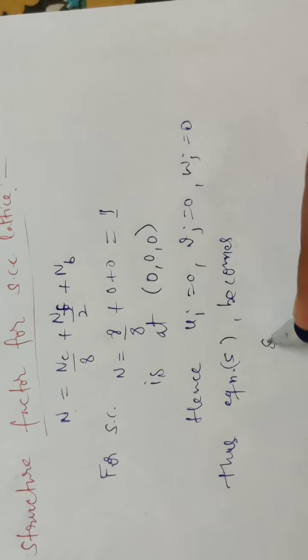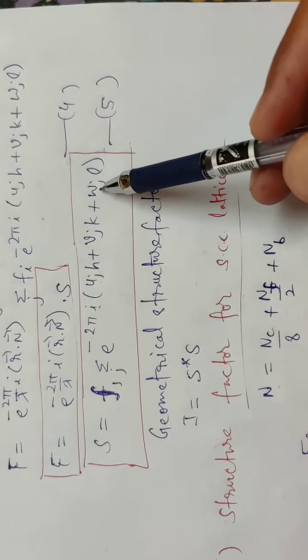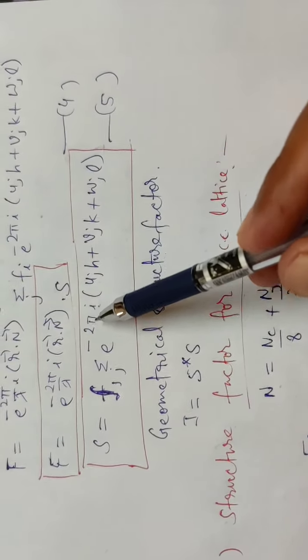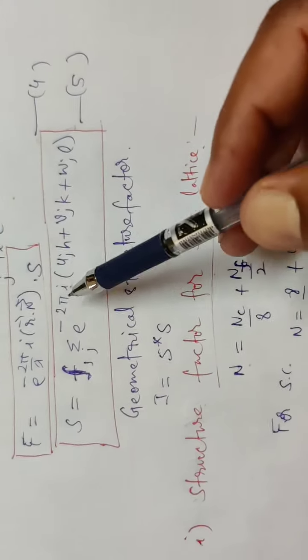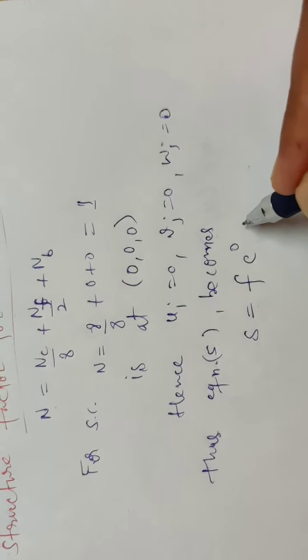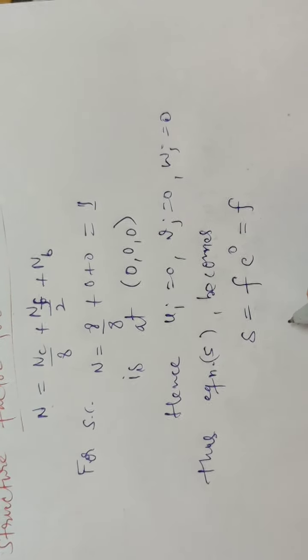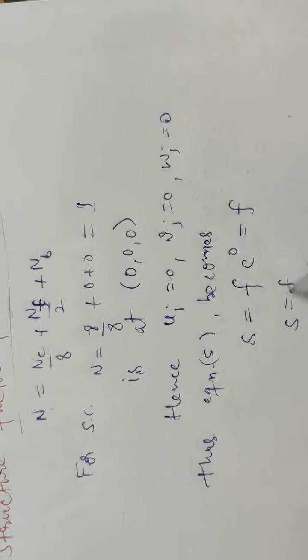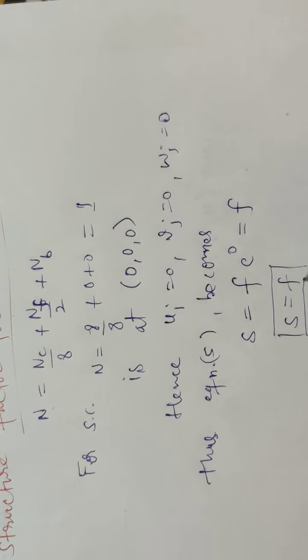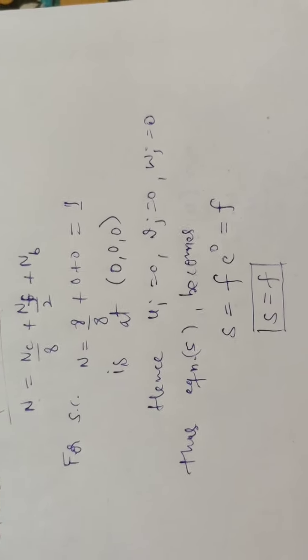So equation 5 becomes, S will be, this will be 0, this will be 0, this will be 0. So the whole exponent will be equal to 0, e raised to power 0. So S will be f into e raised to power 0. e raised to power 0 is equal to 1. So S is equal to f. The geometrical structure factor is equal to the scattering amplitude.